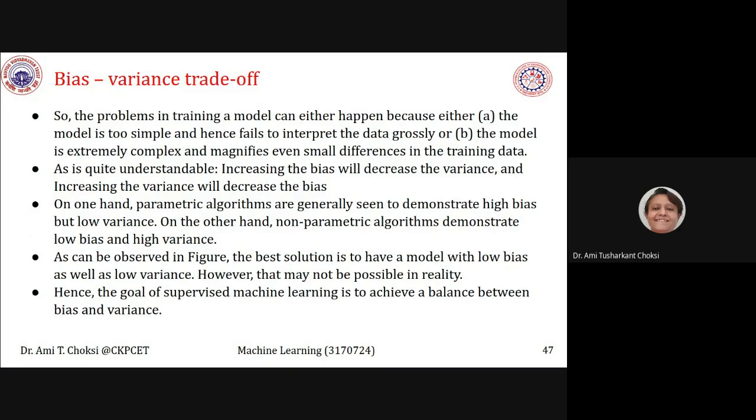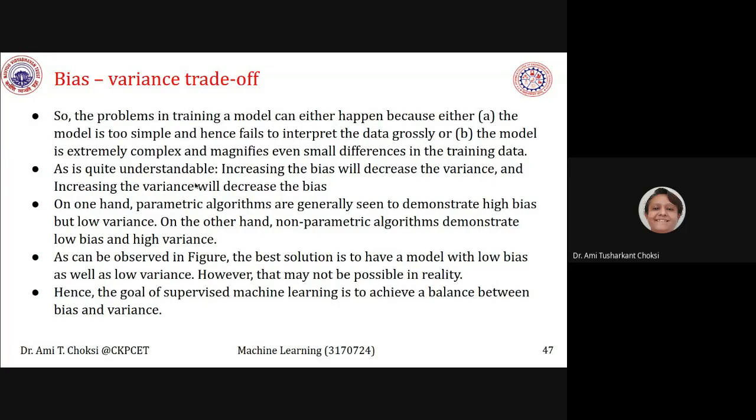So, due to bias and due to variance, that's what we have seen. Now we would like to see the bias-variance trade-off. The problems in the training model can either happen because the model is too simple and hence fails to interpret the data grossly, or the model is extremely complex and magnifies even small differences in the training data.